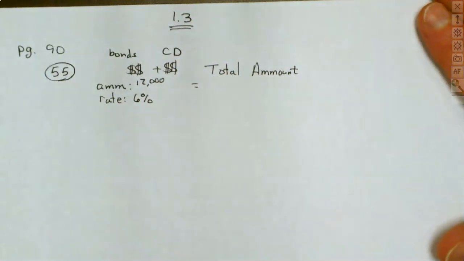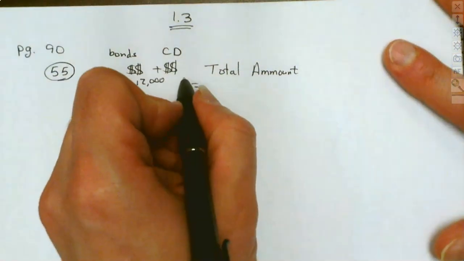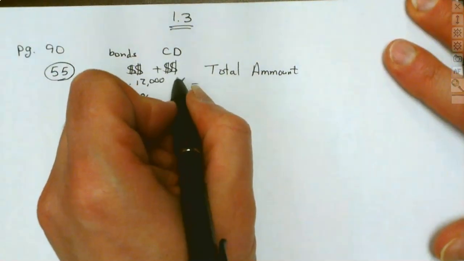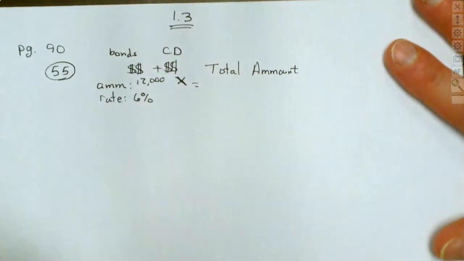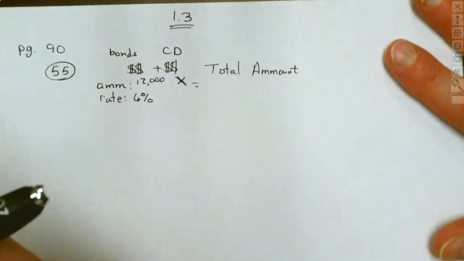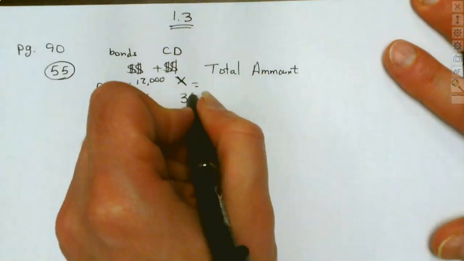What about the CD? Well, we're going to have to invest some extra money. Do we know how much money we have to invest in the CD? No. So that's going to be our unknown. Now, what percentage rate does the CD pay out? Well, it says the CD pays out 3%. So that's over here.